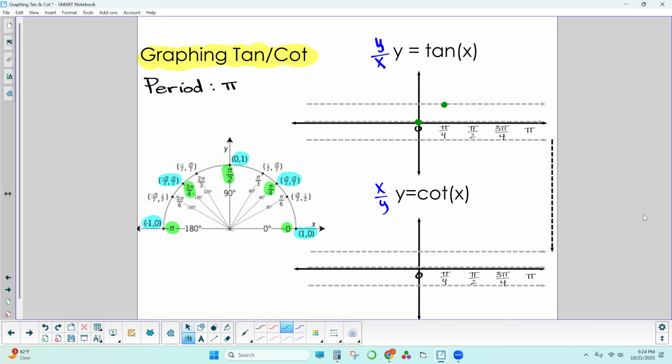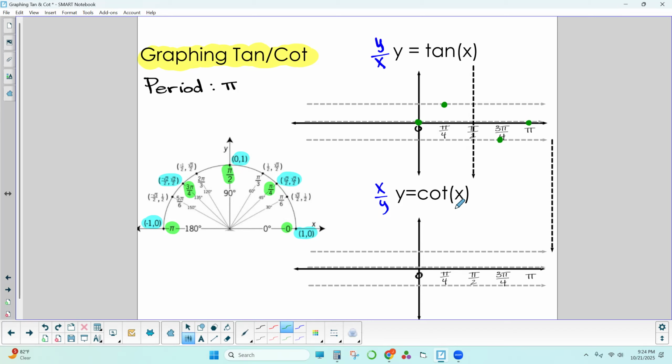So at pi over 2, we have a vertical asymptote. Moving to 3 pi over 4, the coordinate is negative square root of 2 over 2, comma, square root of 2 over 2. If we divide y over x there, we get -1. And then we arrive at pi radians, where y over x is 0.